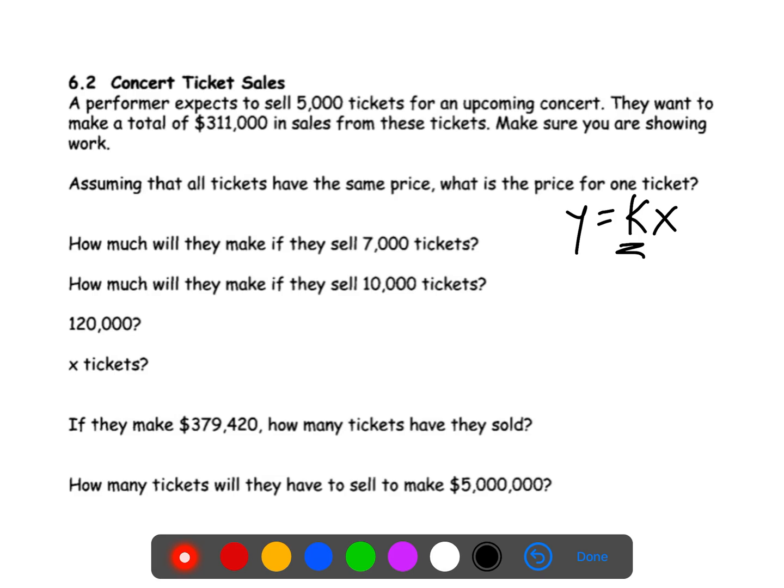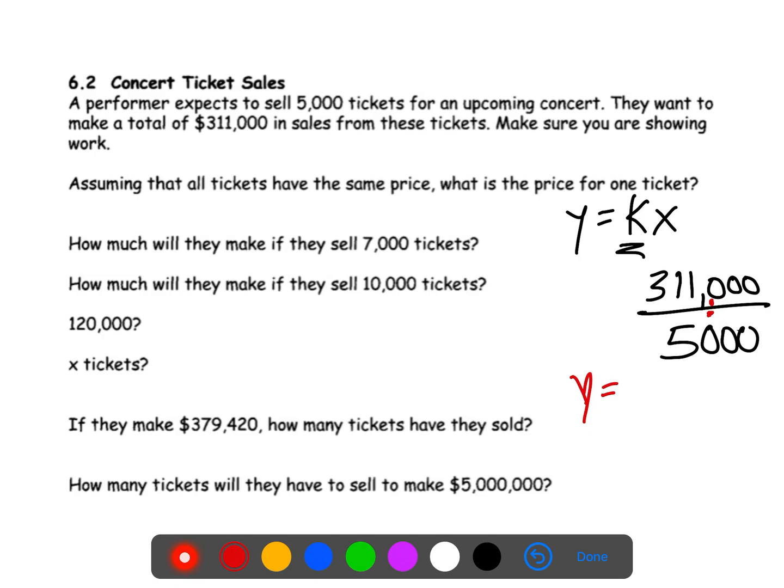So knowing that the performer expects to sell $311,000 in tickets, and that's by selling 5,000 tickets, if I set up a ratio with that, $311,000 for 5,000 tickets, by simplifying it, or just by dividing it, I will get my unit rate. And that unit rate is $62.20 per ticket.